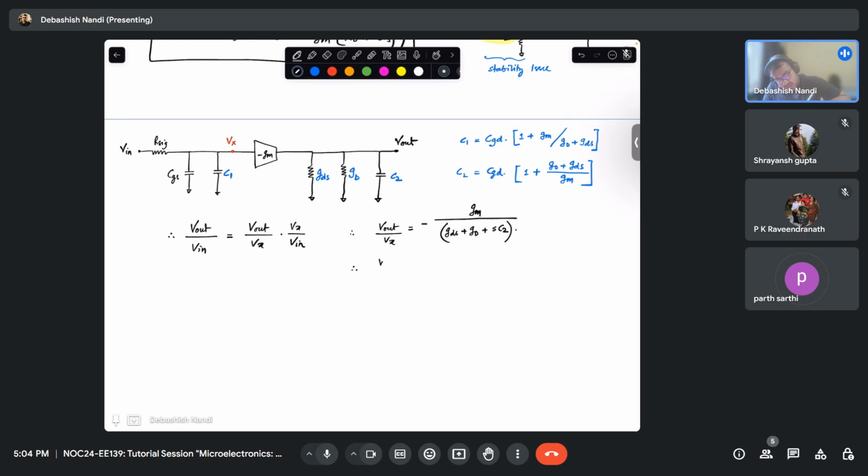Similarly, what will be Vx by V in? You call it G signal, let's say, for ease of calculation.